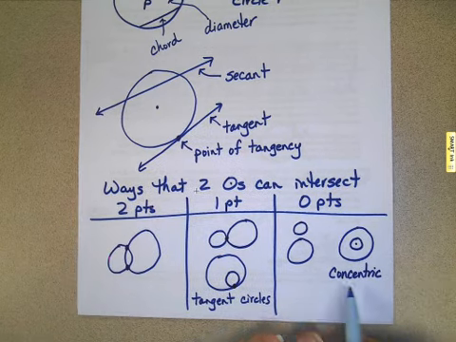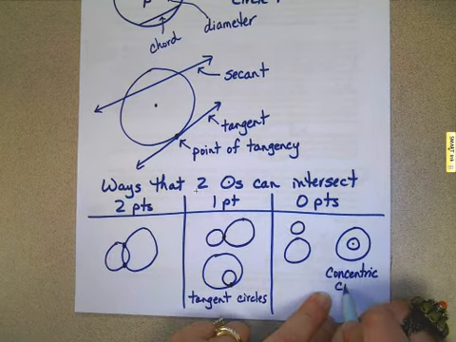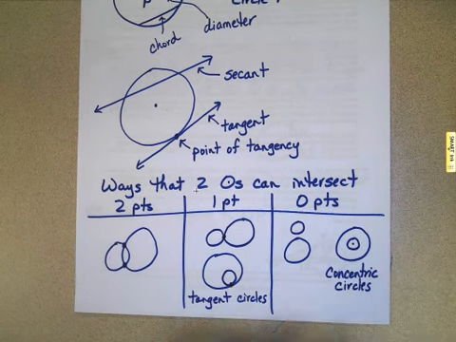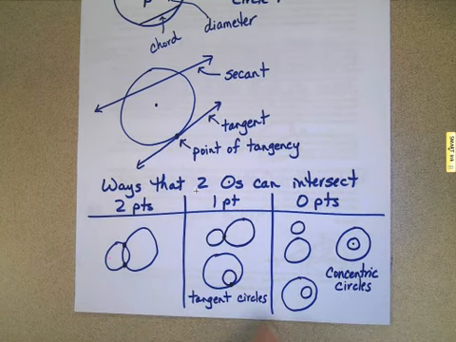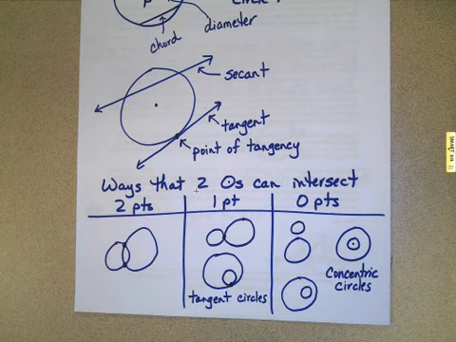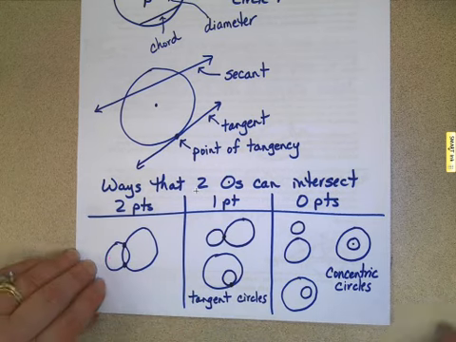And as you might deduce, concentric means they have the same center. So concentric circles are a possibility, or of course, you could have them just one inside the other. Again, that looks like our Venn diagrams. One inside the other without it touching. Okay, so those are our 3 possibilities. They could meet at 2 points, they could meet at 1 point, they could meet at 0 points.